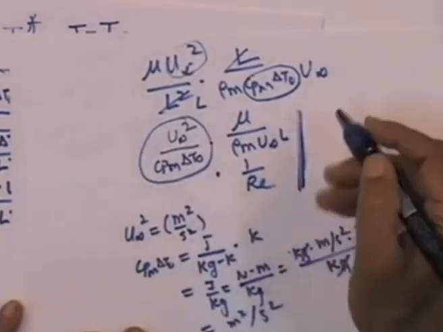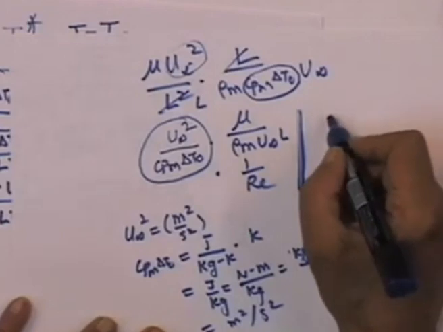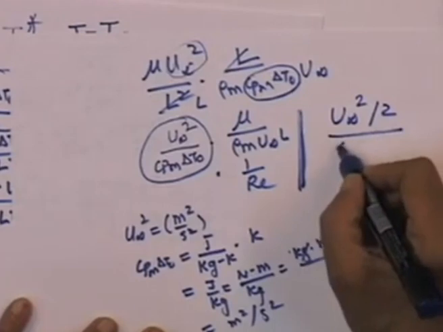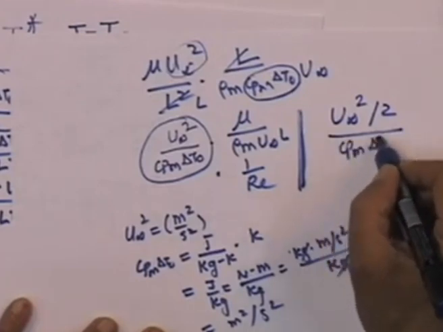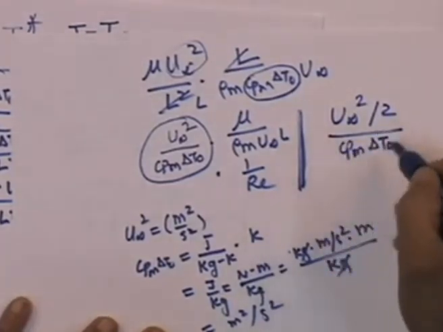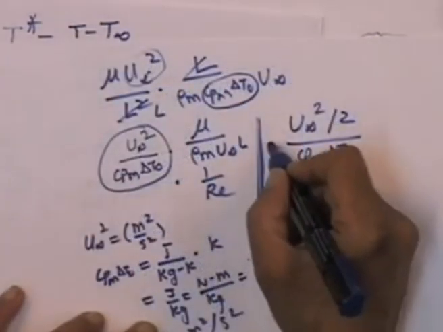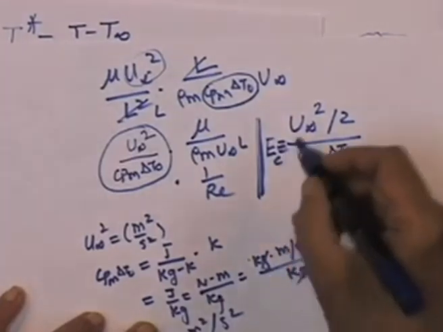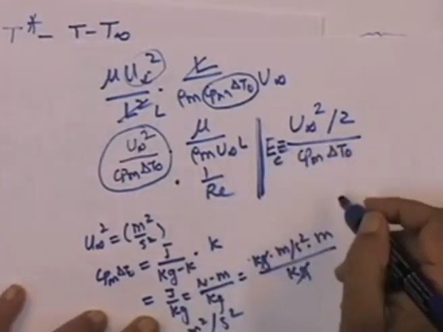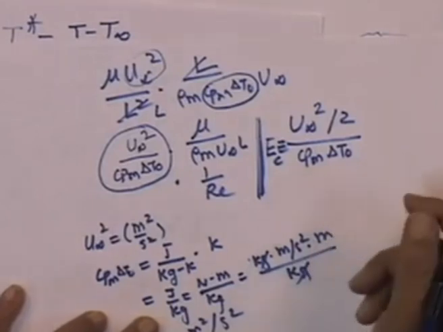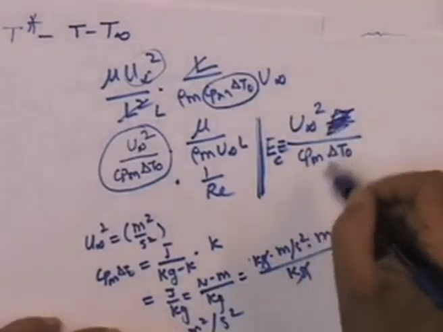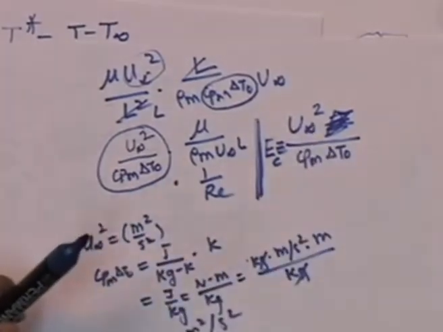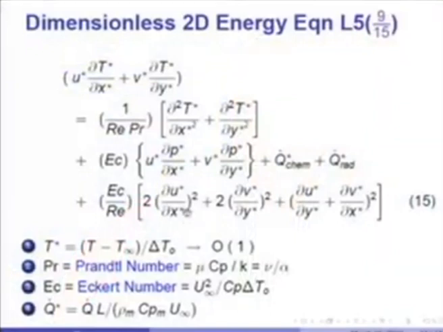Professor Eckert defined a quantity u infinity square by 2, which is the kinetic energy, divided by CPm delta T naught, which is the sensible energy, as the Eckert number, EC. It is called the Eckert number EC, and therefore, you will see that it is at the moment u infinity square by 2 divided. So, essentially you get here Eckert number divided by Reynolds into all that.